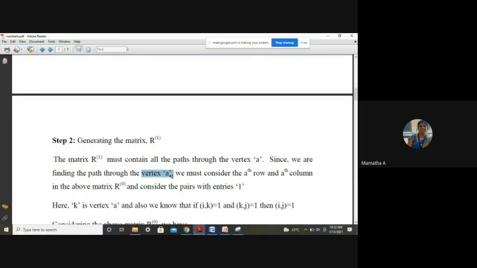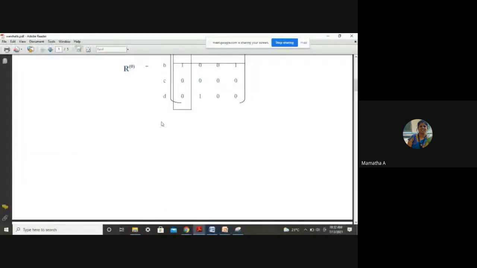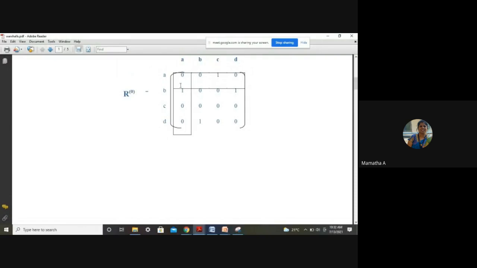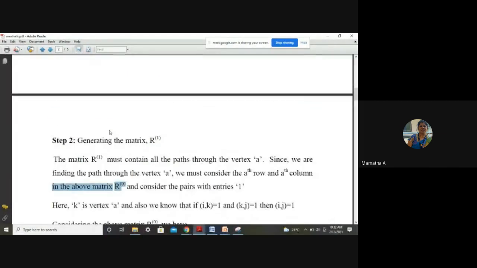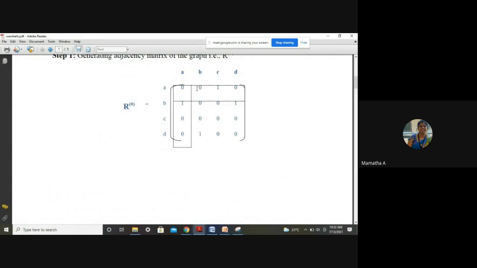So which row and which column should you consider in the above matrix? Only through the vertex A means you have to consider only the A row and A column in the above matrix R0.